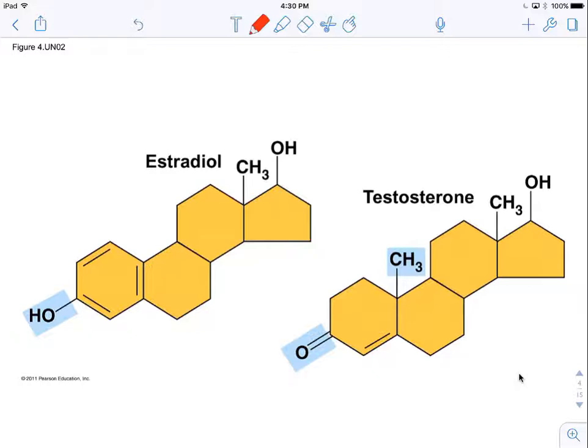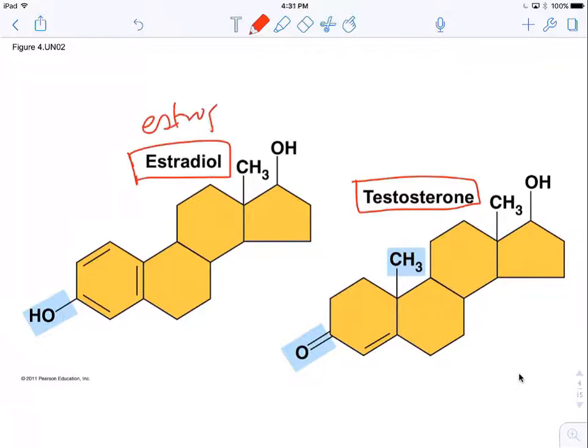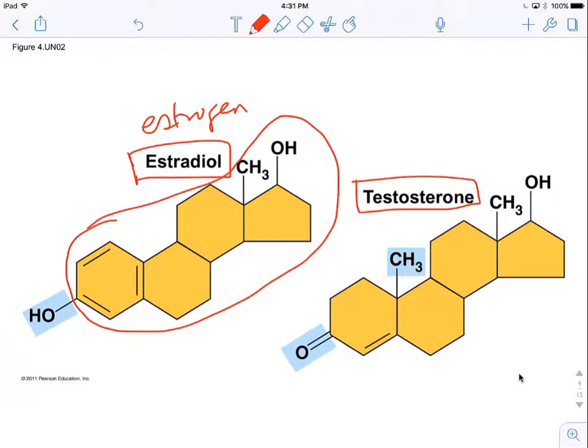For example, here are two molecules we're probably both familiar with, testosterone and estradiol, which is estrogen. And you can see that this part of the molecule here, and this part here, is identical, okay?